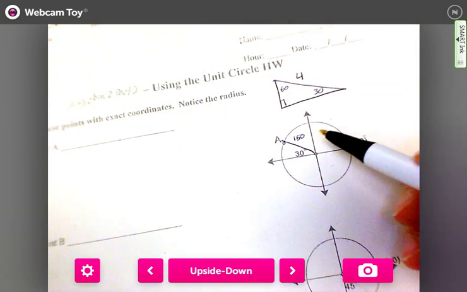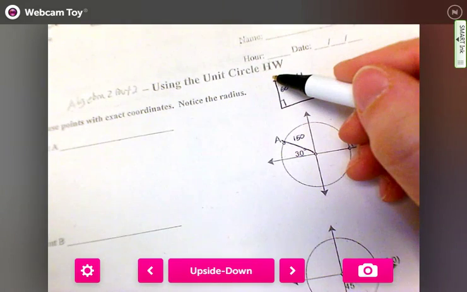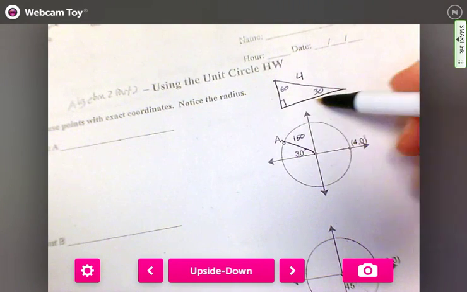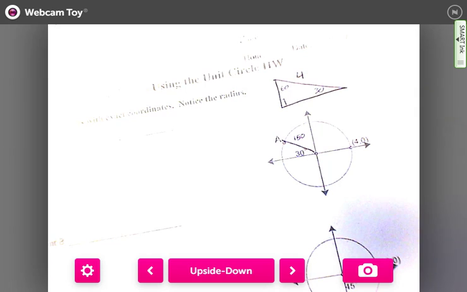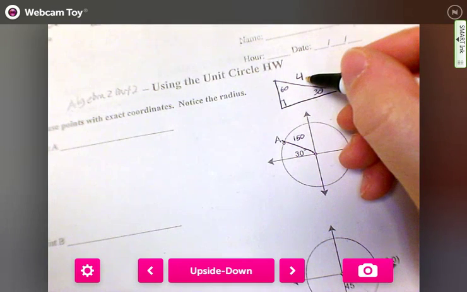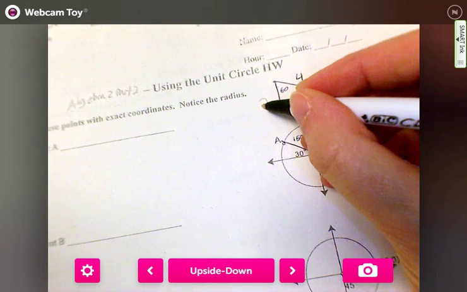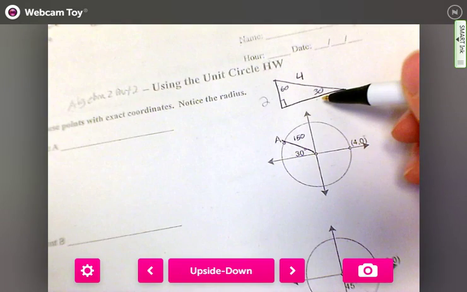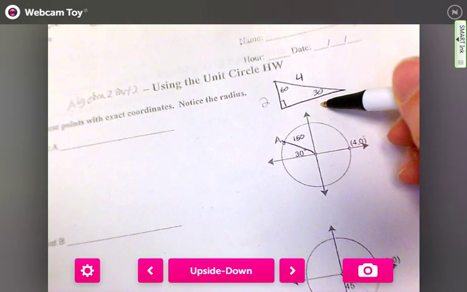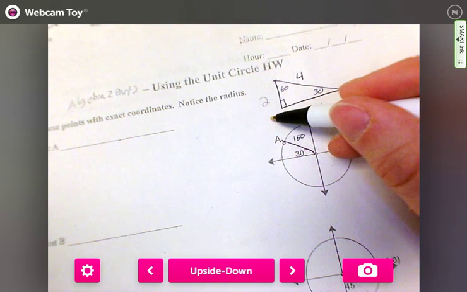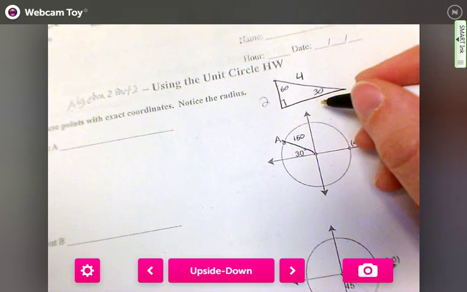I want to know what the x and y value is for this. Okay, if the hypotenuse is 4, it's twice as big as the smallest side, so we know the smallest side is 2. And I know that this middle side right here is 2 square root 3, right?